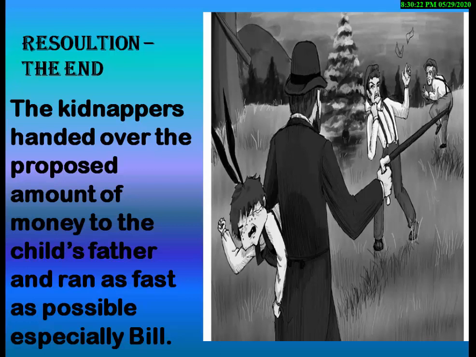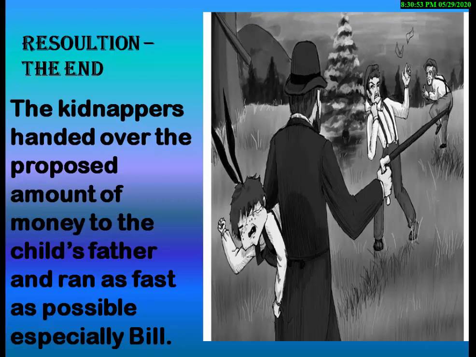Within those 10 minutes they ran so fast that Bill, who is considered a fat person physically, was running as if he was trying to save his life from a very dangerous situation. In this way, these two kidnappers handed over the proposed amount of money to the child's father and ran as fast as possible, especially Bill.